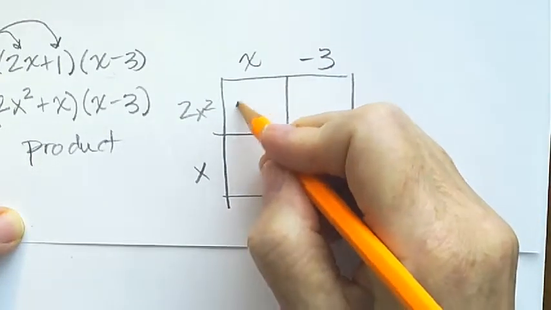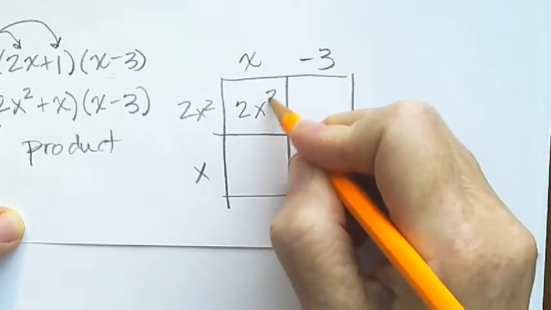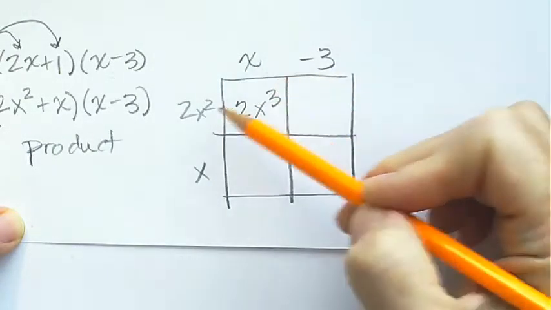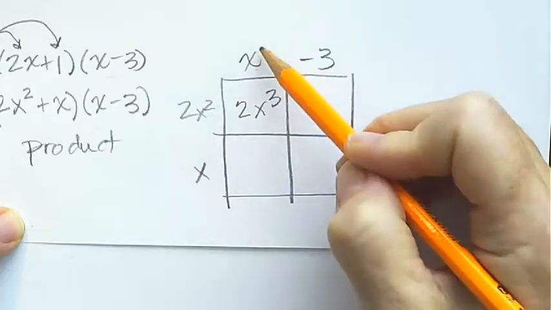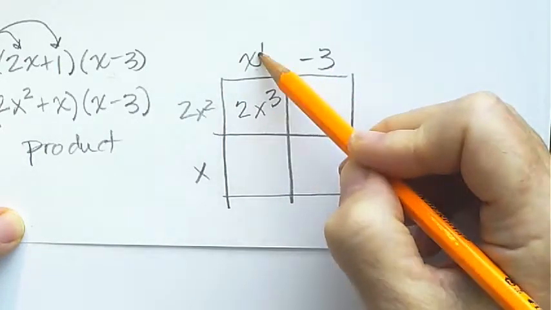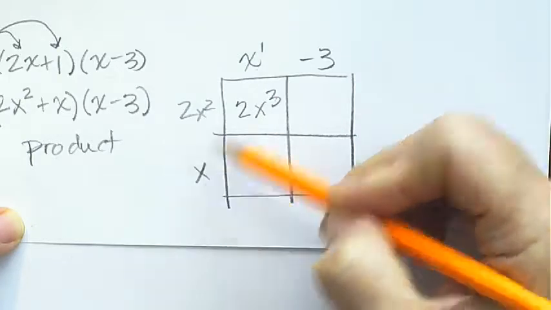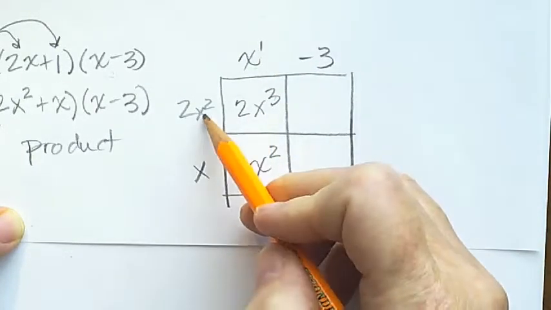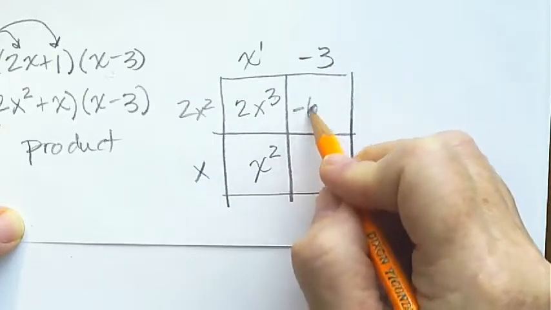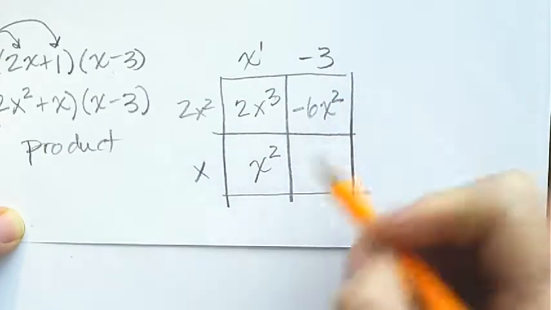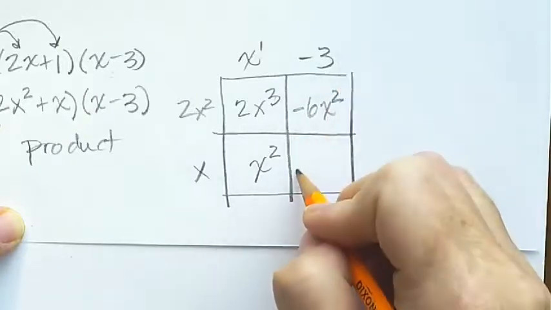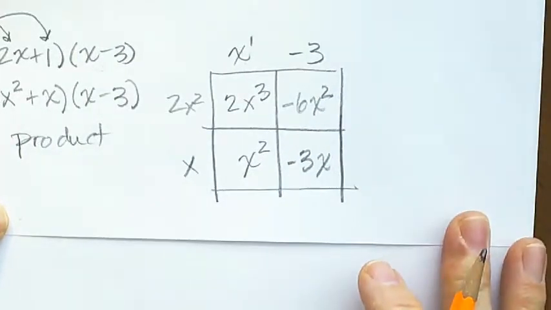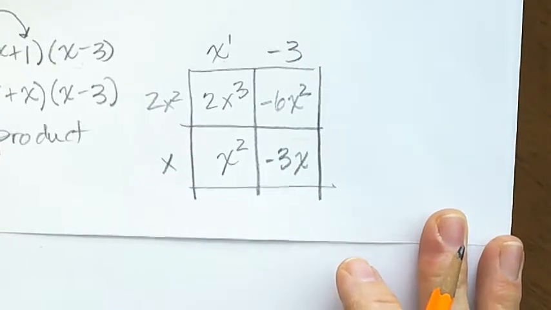So that's going to give me 2x cubed, x squared times x. When you're multiplying powers, you add the exponents. This has an exponent of 1. 2 plus 1 is 3. X times x is x squared. 2x squared times negative 3 is negative 6x squared. And then x times negative 3 is negative 3x. So let's see, do we have any like terms here?